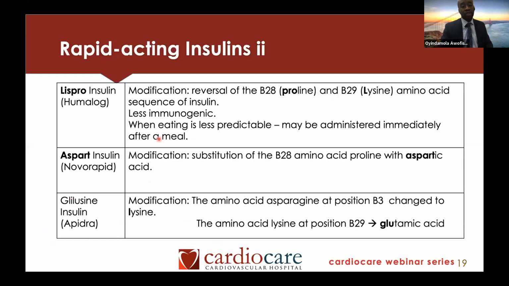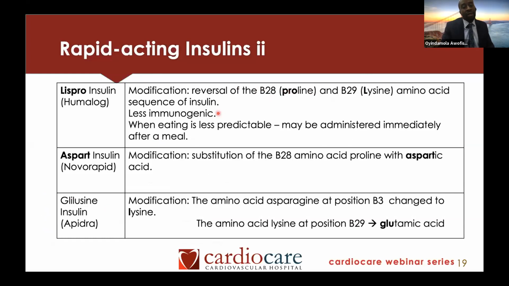Okay, so this chart shows the rapid-acting insulin. The 3 rapid-acting insulins are in the market. The first one is Lispro, which the version produced by Lilly is called Humalog. Okay, this Lispro is made by reversal in the beta chain of lysine for proline. So that's where the name actually comes from, Lispro, lysine proline.